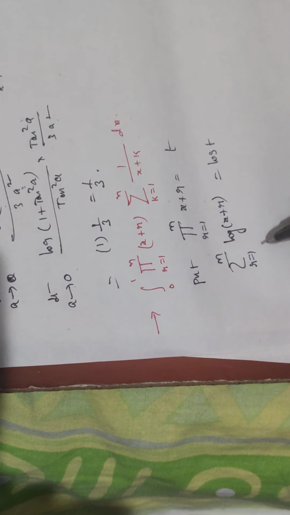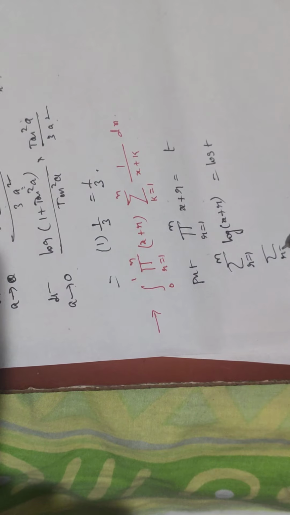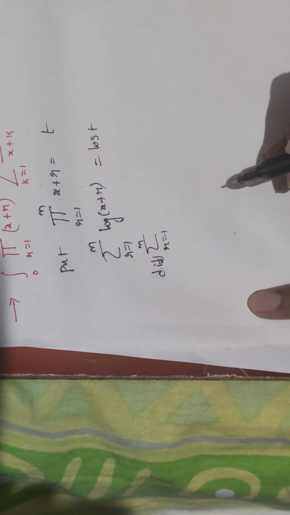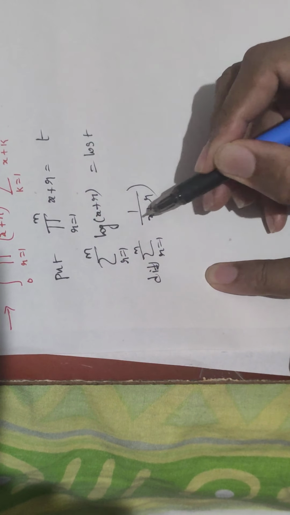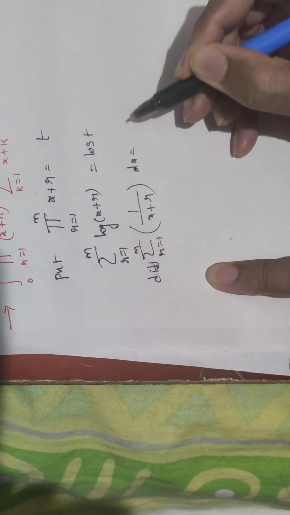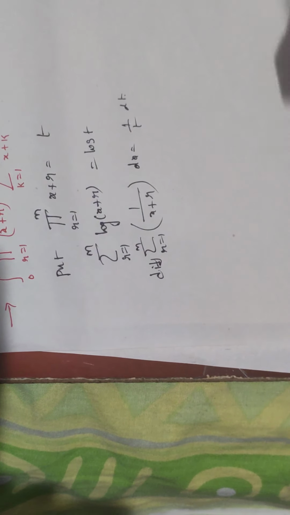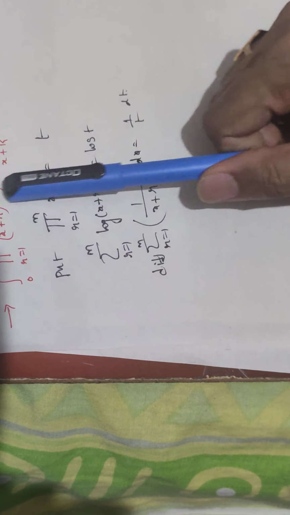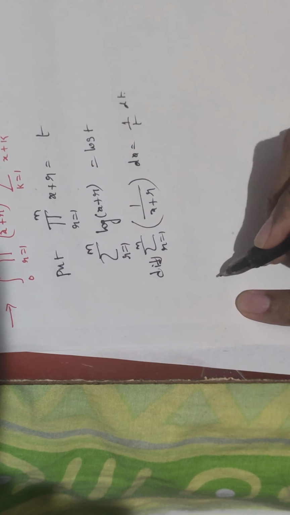So we will get sigma r equals 1 to n of 1 by (x plus r) dx is equal to 1 by t dt. So once I take this product as t, this total summation is equal to 1 by t dt. Then what is the given integral I?